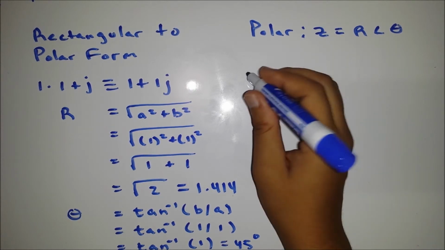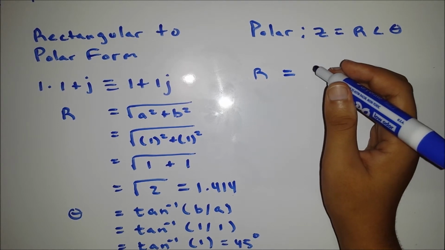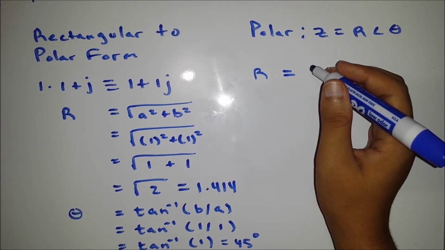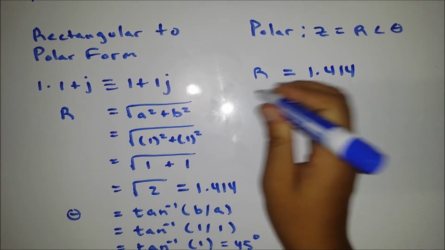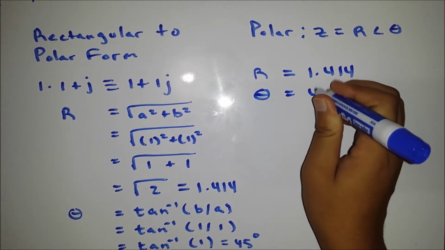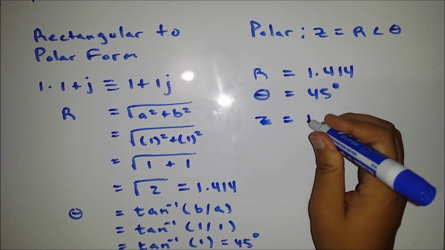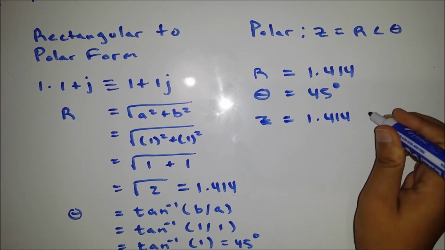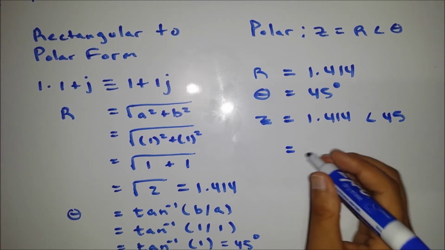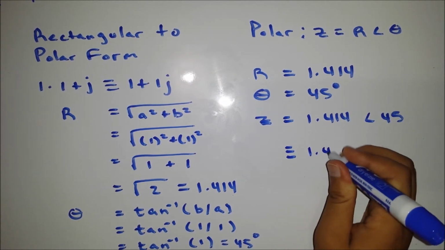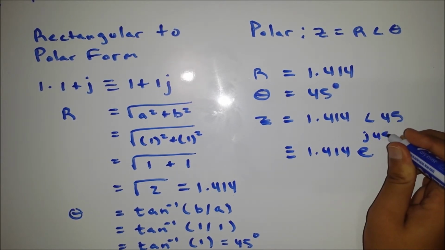Now that we have the r value and the phase, we can sum up our final answer. We said that r, or the magnitude, is equal to 1.414 and our phase is 45 degrees, meaning that z is equal to 1.414 at an angle of 45, which is equivalent to 1.414 times e to the j at 45 degrees.